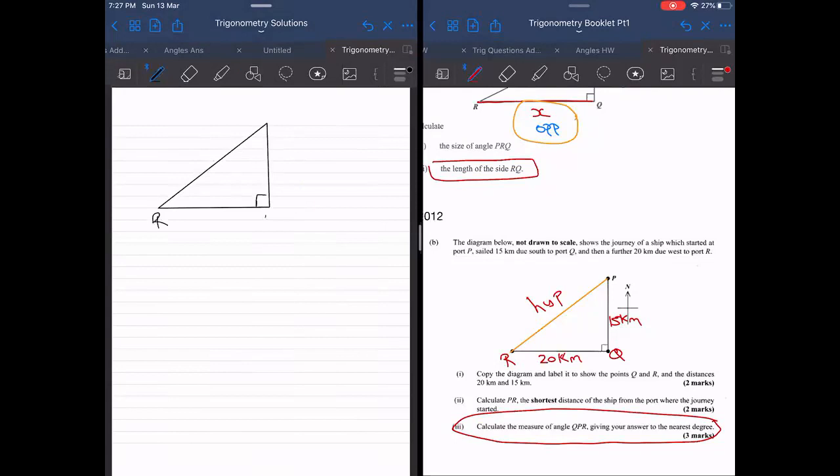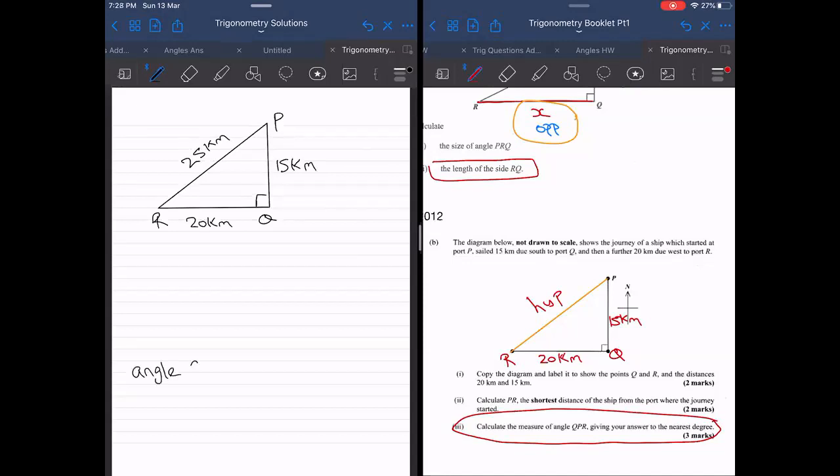All right, so we have R, we have Q, we have P. We said this is 15, this is 25, this is 20, and they're asking us for the angle. So this is another point we can make.